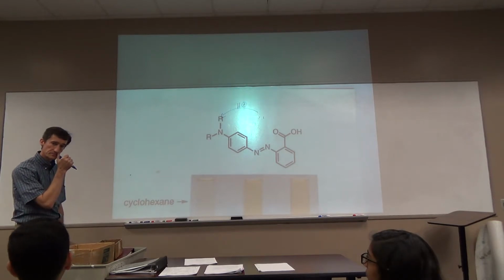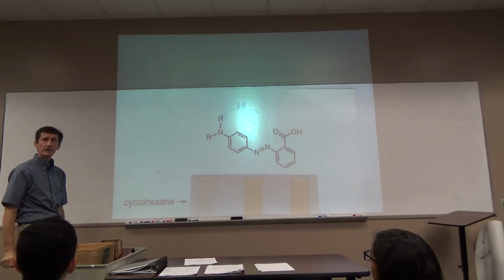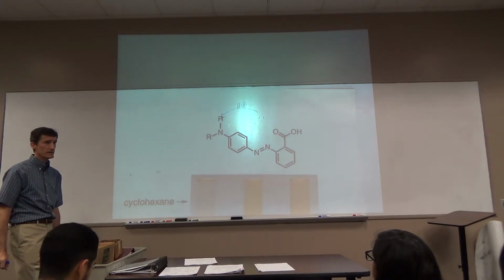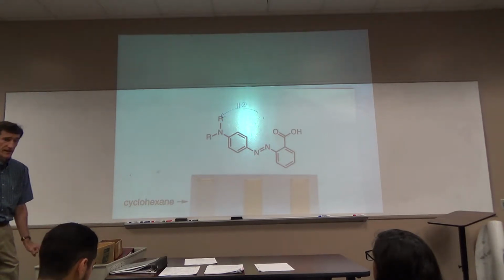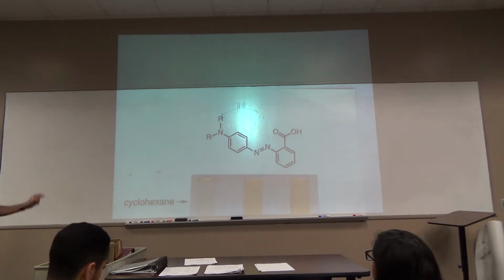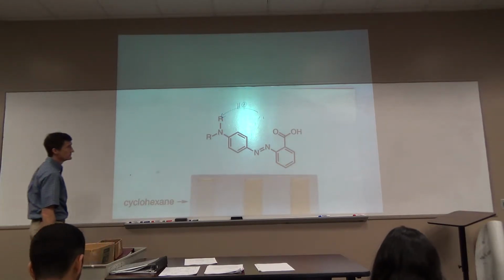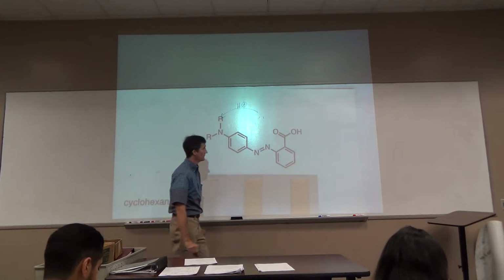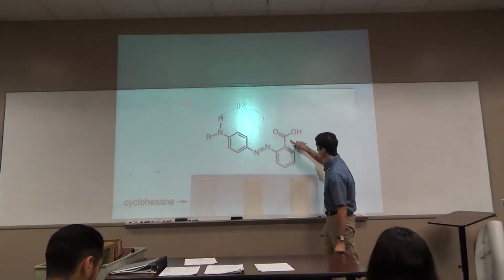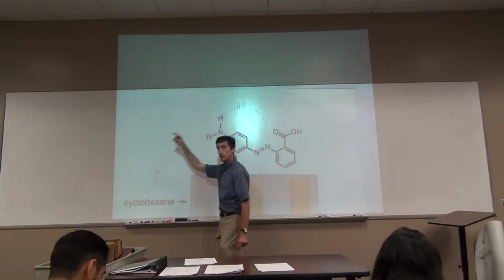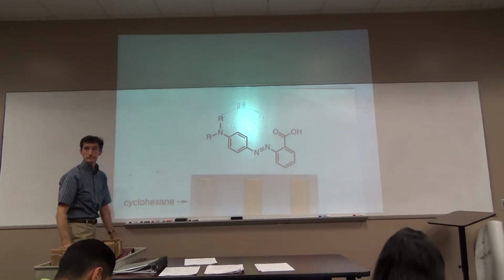Lone pairs and p orbitals, but more than just lone pairs. So there can be other p orbitals without lone pairs. Conjugation refers to p orbitals lined up, like toy soldiers. P orbital, p orbital, p orbital, p orbital, all the way through, p orbitals, right?